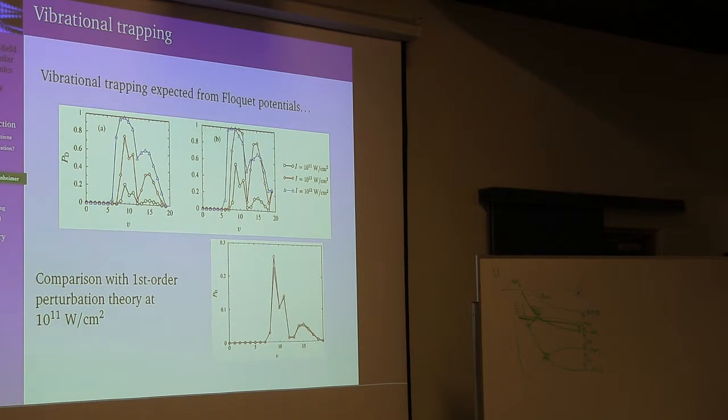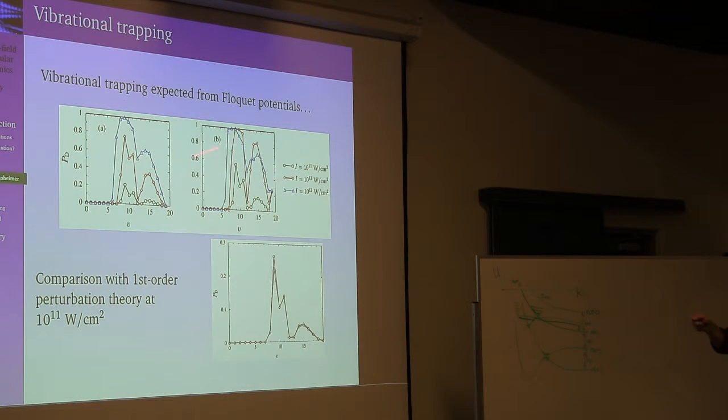So how do you understand that dip? Is it really vibrational trapping? Maybe it's still there. Well, if we do the calculation in first order perturbation theory, okay? Because all of these states can dissociate with 1 photon. If we just calculate the dissociation problem in first order perturbation theory, we get the red curve. Okay?